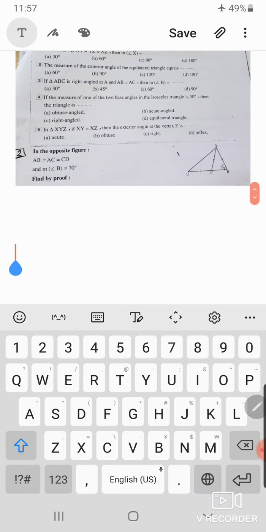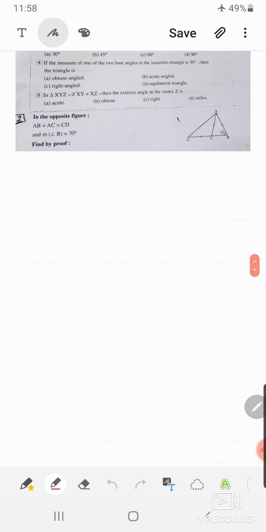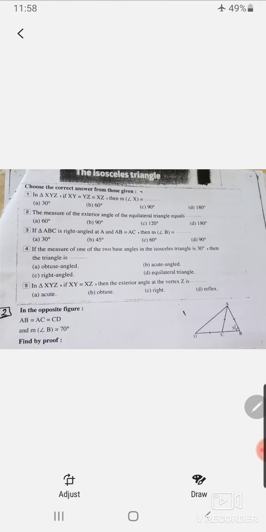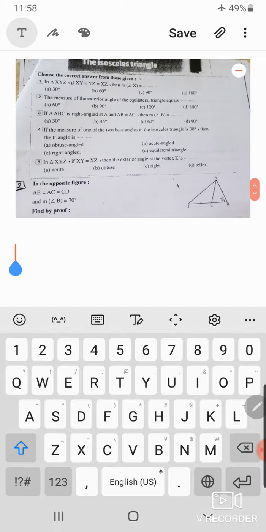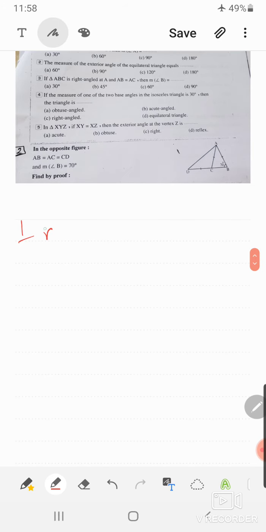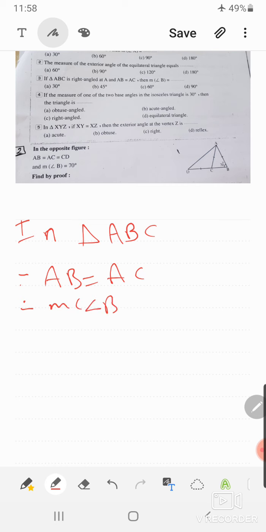First of all, if I want to get this one, I must talk about triangle ABC. All of you look at ABC. Since here you have side equals side, so angle equals angle. Here you have AB equals AC. Therefore, measure angle B equals measure angle ACB, which equals 70.